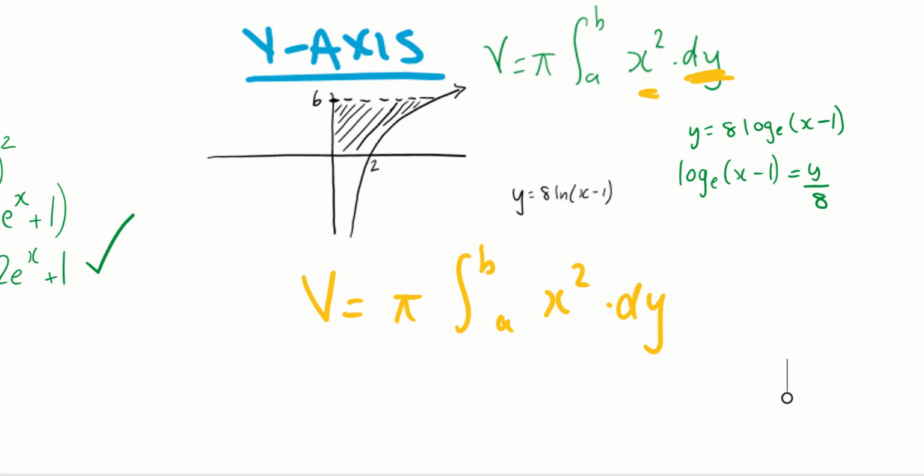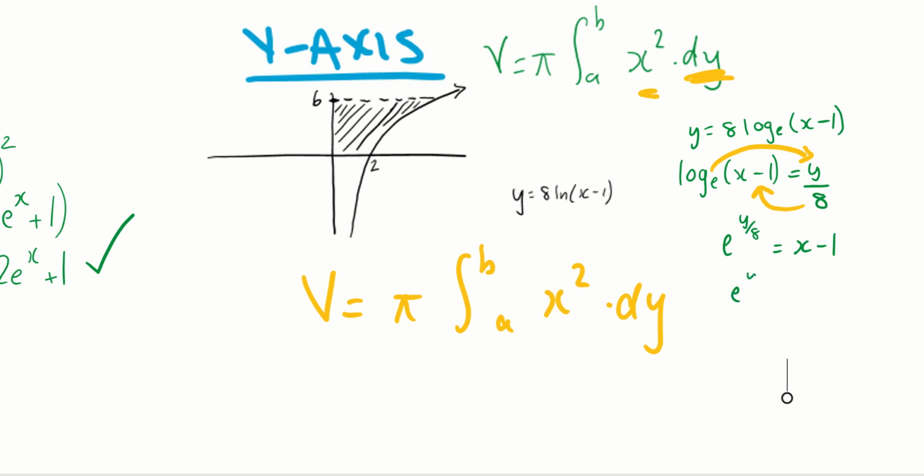So hopefully your teacher has taught you in some way, but I find that the way I think of it is it's this number down here to the power of this is equal to this, and that's how we undo a log. So I'm going to get e to the power of y on 8 is equal to x minus 1.